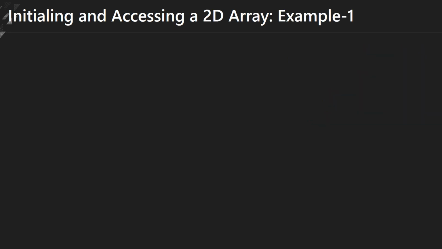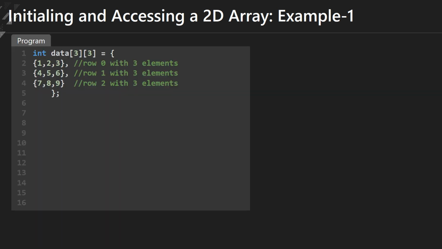For initializing and accessing a two-dimensional array, we'll see some examples here. We have to store the data like this. Int data, number of rows is 3, number of columns is 3. The values you store in curly braces, 1 2 3 will be the first row, then the second row and third row.